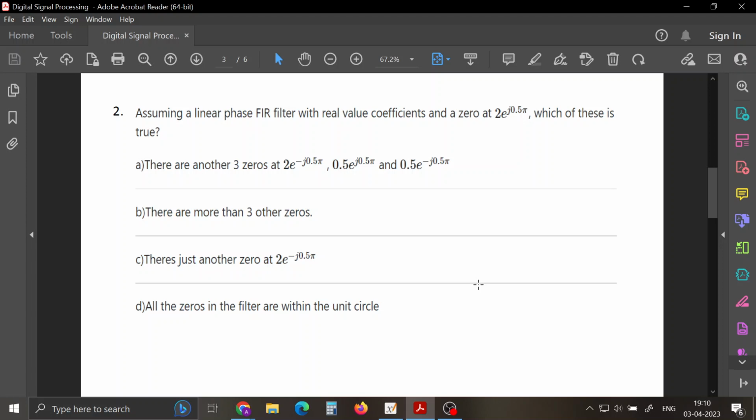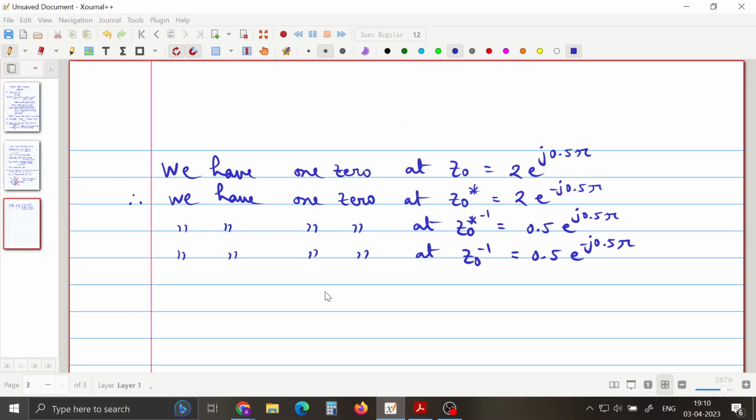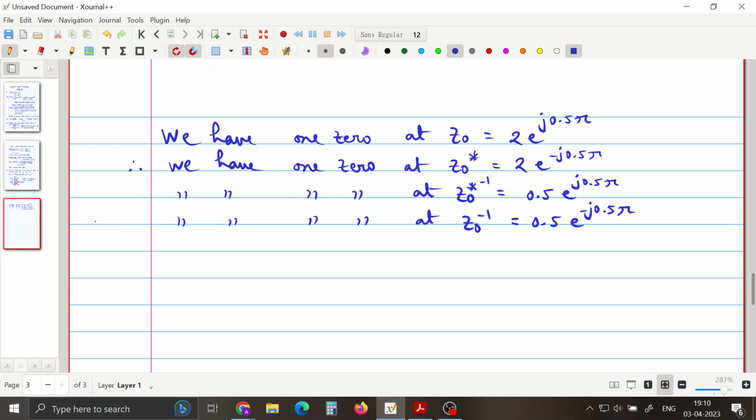So clearly option C is also wrong. So option A is the right answer. Okay, so answer is A.